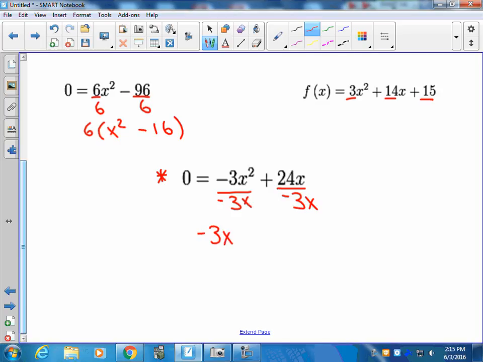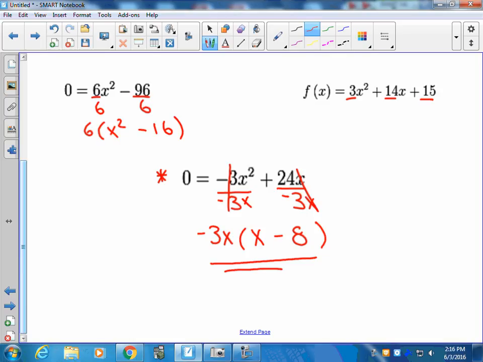So when I pull out the -3x, we want to see what's left. The -3's divide out. X squared divided by x is x. The x's divide out, and 24 divided by -3 is a -8. And what happens is this problem is actually done after pulling out the common factor.